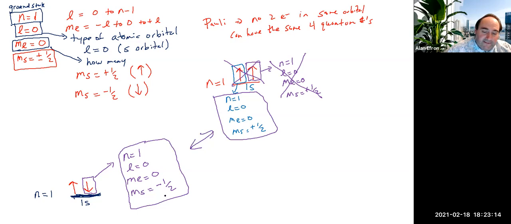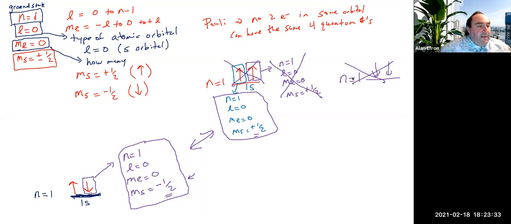And the difference is this big difference of how the electrons go in. And you would end up the same way if you decided, well, what if I just send them both in upside down? They both would end up with these same 4 quantum numbers, which would also violate Pauli's exclusion rule.